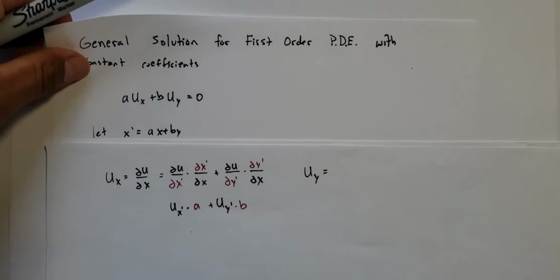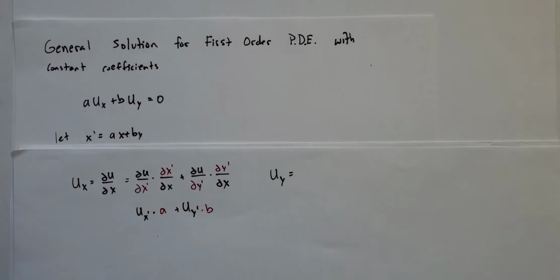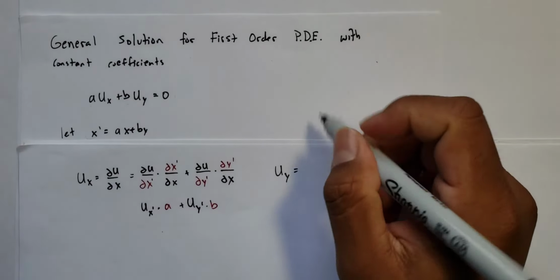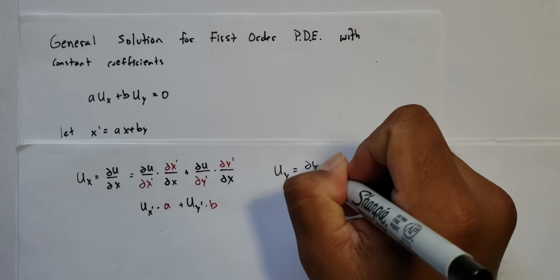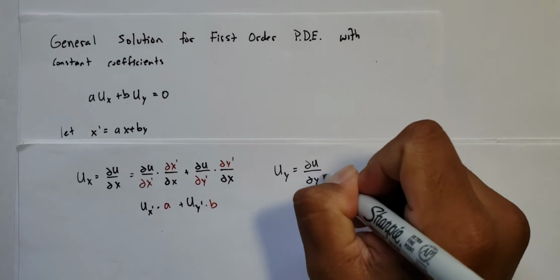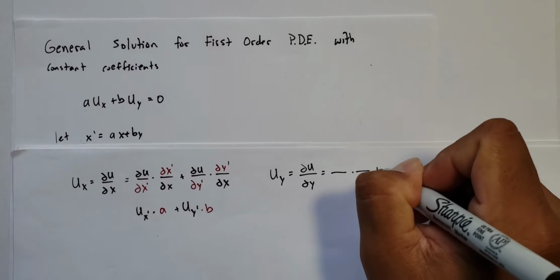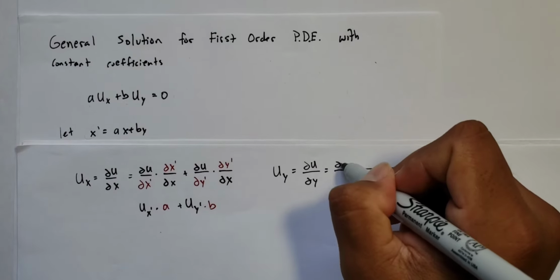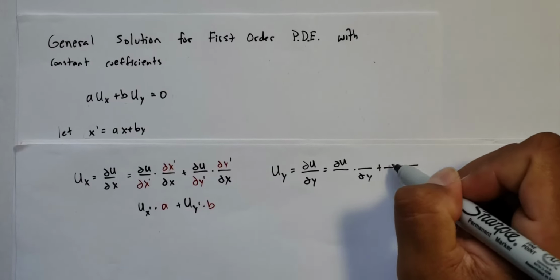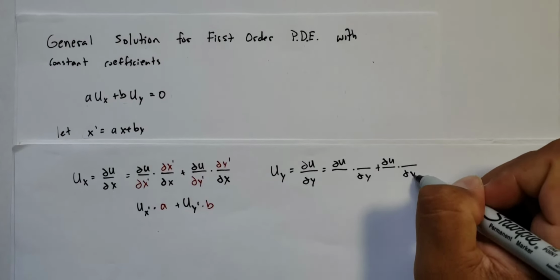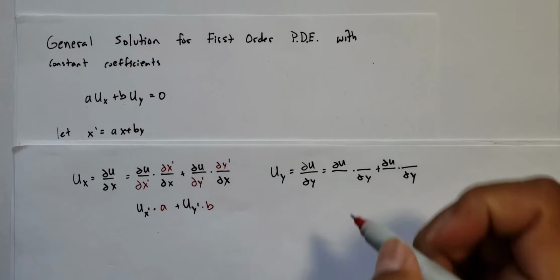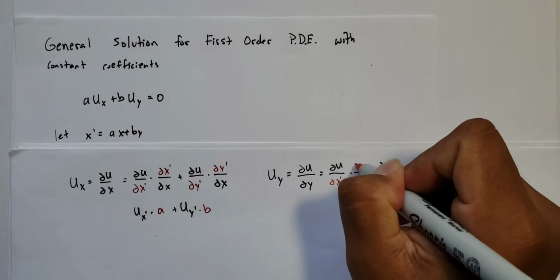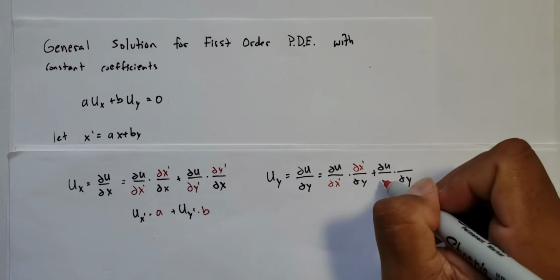Next up, we need to find u of y, which is going to be equal to partial del u del y. The partial u can be with respect to x prime and with respect to y prime.